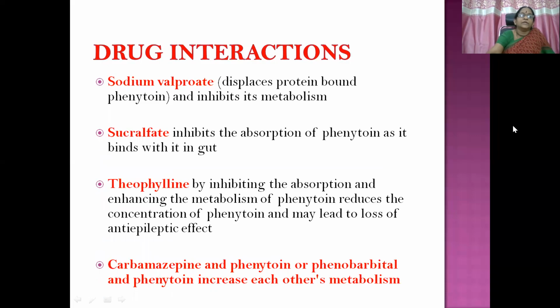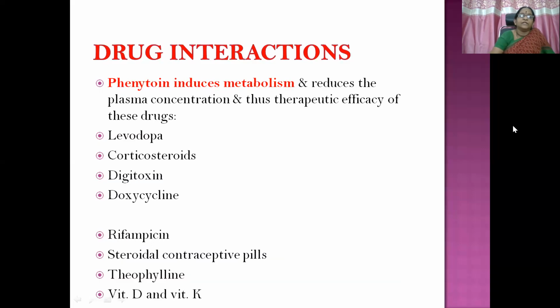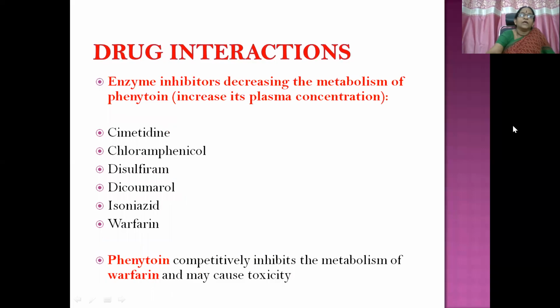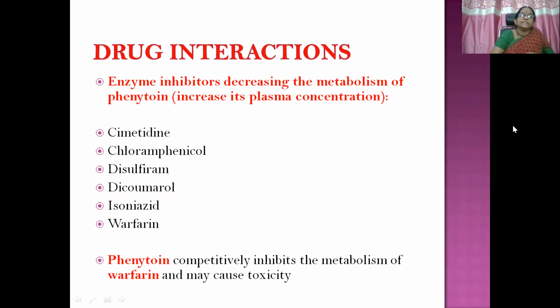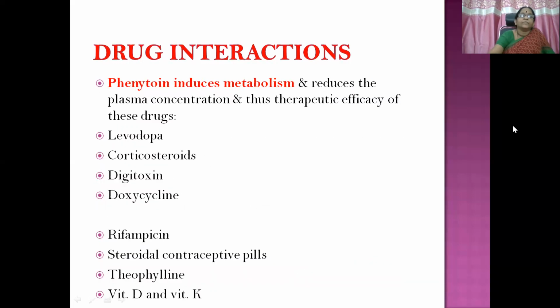So here you can remember CD, ST. Then here, same, CD, RST, LCD, RST. Inducing the metabolism here. Inhibiting the metabolism, CD, ST. ST, of course, enhances the metabolism. This is LCD and RST: rifampicin, steroids, and theophylline.